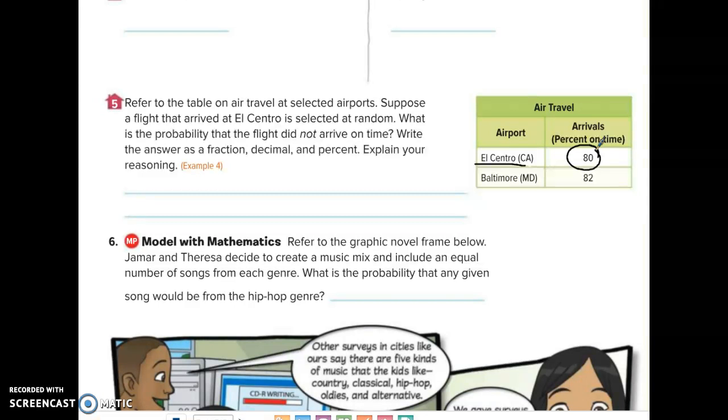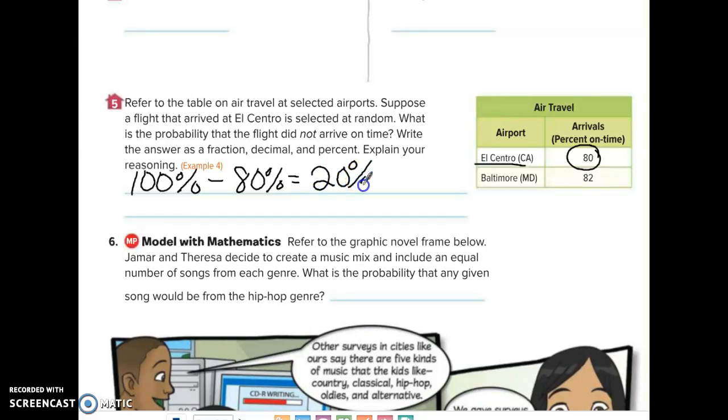So the complementary event to that would be not arriving on time. So again, we're going to take 100% minus the percent it actually did arrive on time, which is 80, because we got that from our table. And that will tell us the percentage that it did not arrive on time. So 100% minus 80% is 20%. So there was 20% of the time it did not arrive on time.